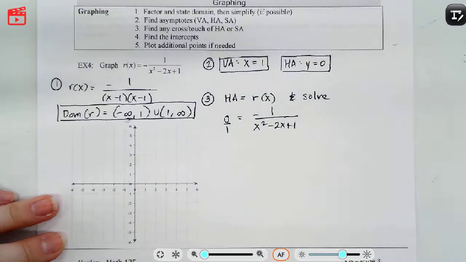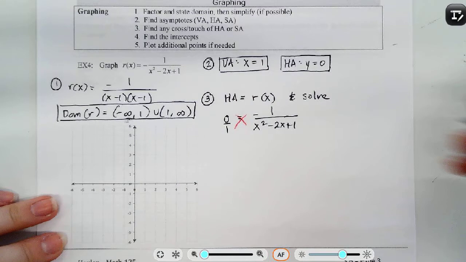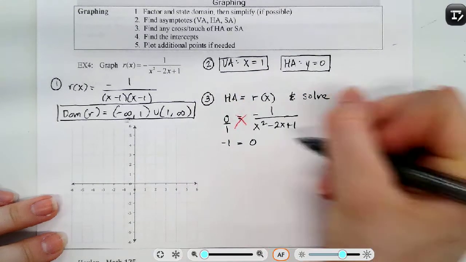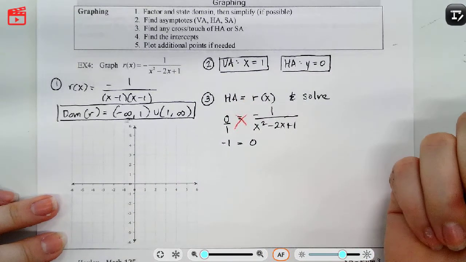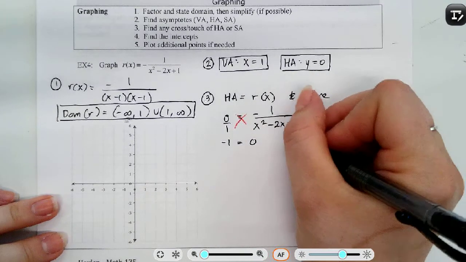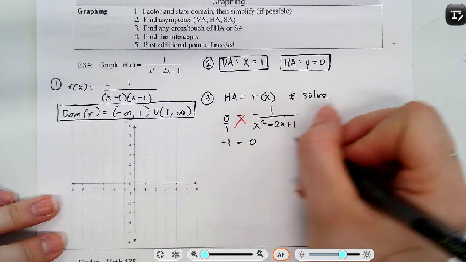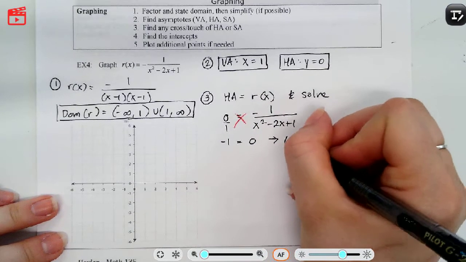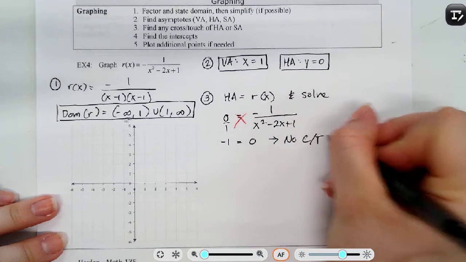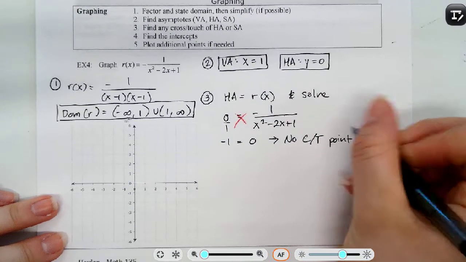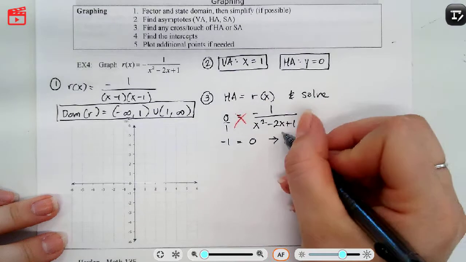So let's go ahead and solve that. Cross multiply. Negative 1 equals 0. Oh, that's not a true statement. So no cross touch point. And I just use the shortcut C/T for cross touch point.